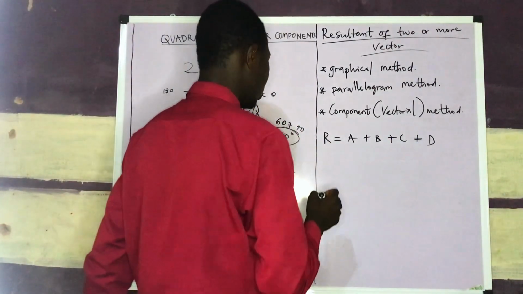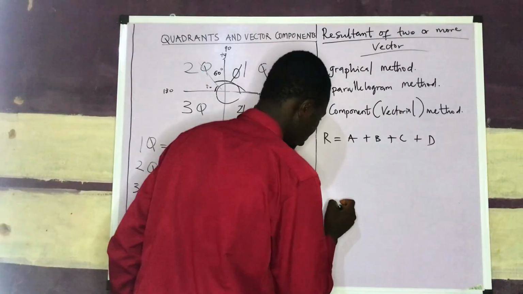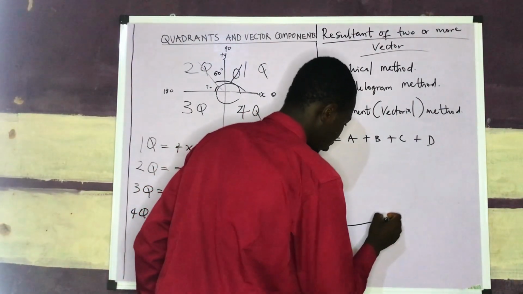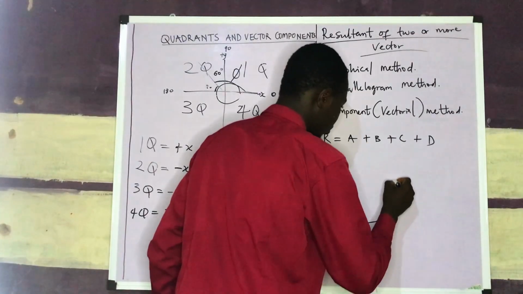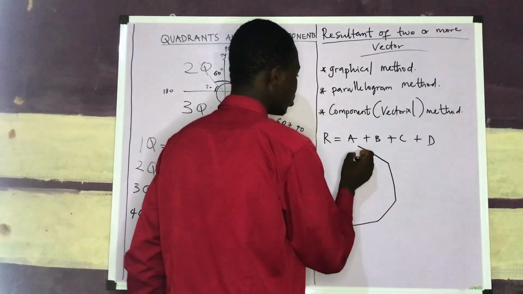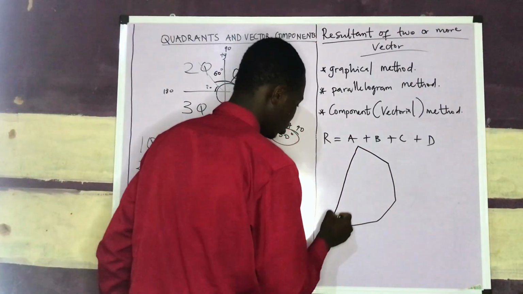We have something like this. This is the beginning, then A, B, C, D, or something like this.